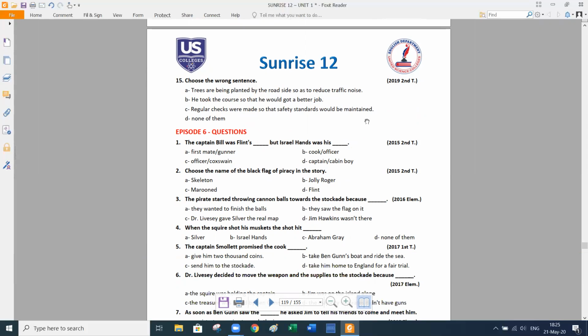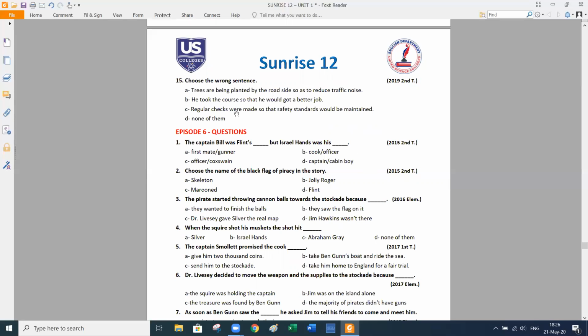The structure is correct. So as to and a verb. But does it make sense? The meaning, I mean the meaning. Trees are being planted by the roadside so as to reduce traffic noise. I continue looking at the other choices because the meaning doesn't make sense in choice A. The structure is okay, but the meaning doesn't make sense.